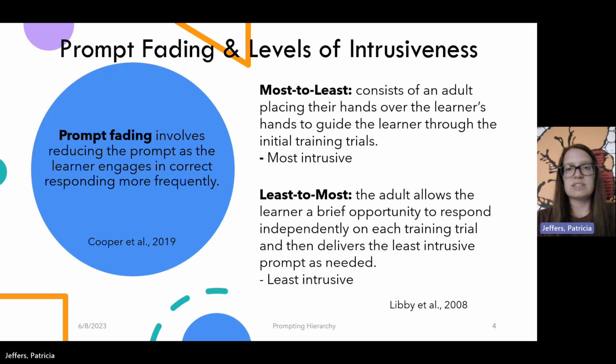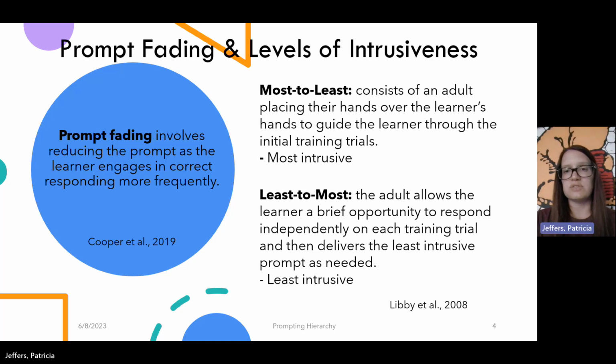Prompting and fading are tactics that go hand in hand when teaching learners new skills. Prompts help to ensure that the learner responds correctly, whereas fading involves reducing the prompt as the learner engages in correct responding more frequently. As previously stated, we do not want our learners to become dependent upon our prompts to complete a desired task.